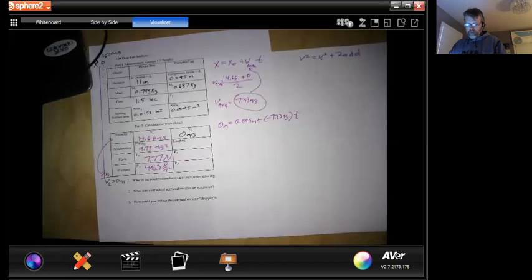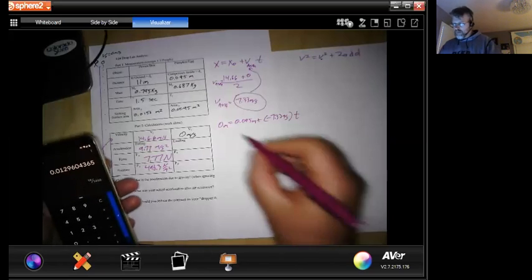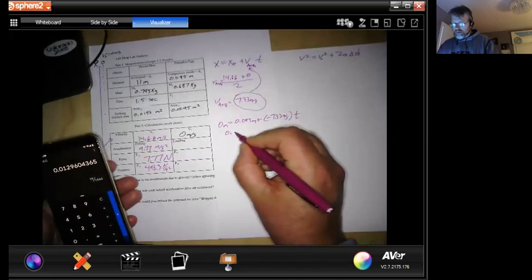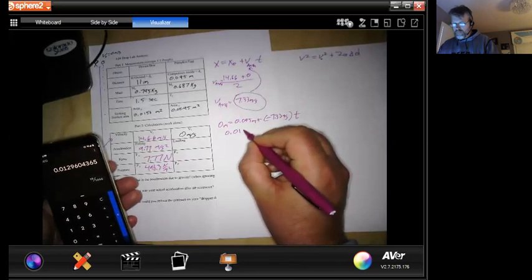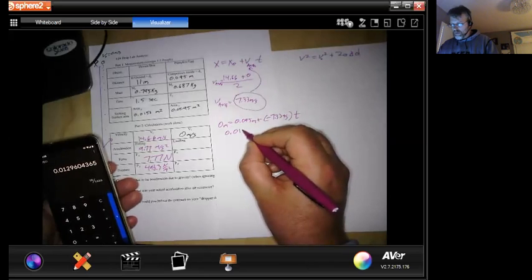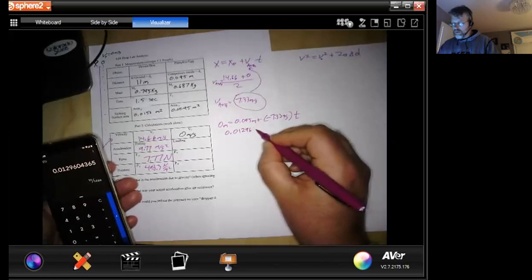And we get 0.095 divided by 7.33. Okay, so talk about a little bit of time here. 296. We'll carry this out for a little bit.